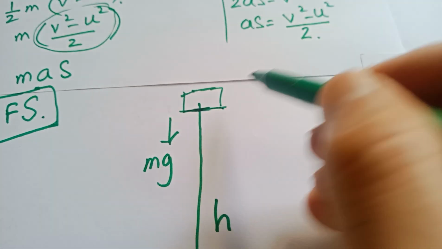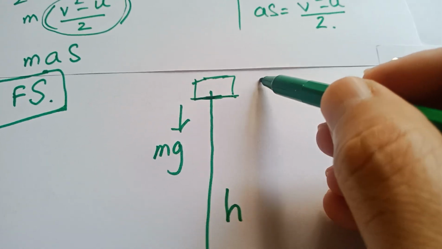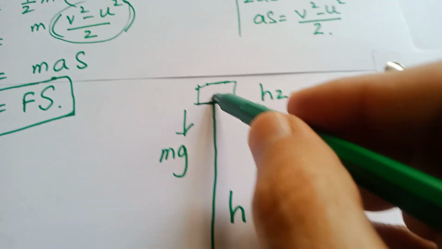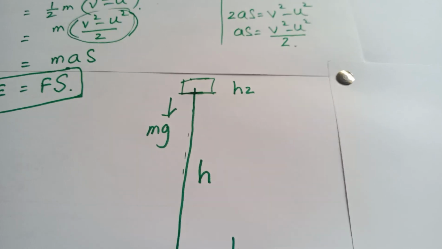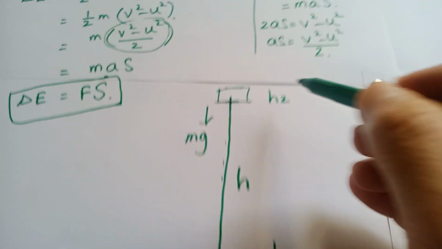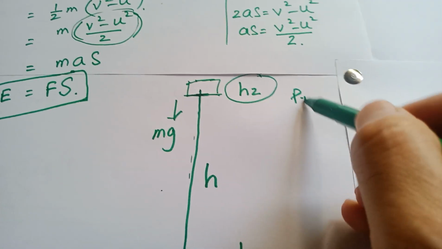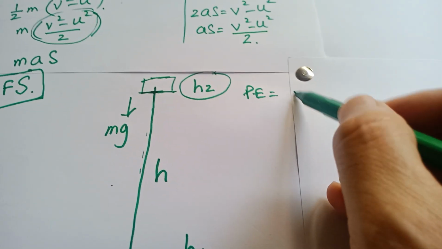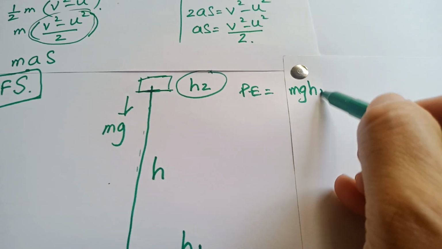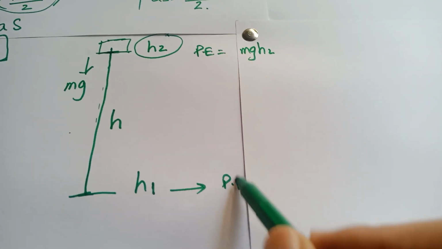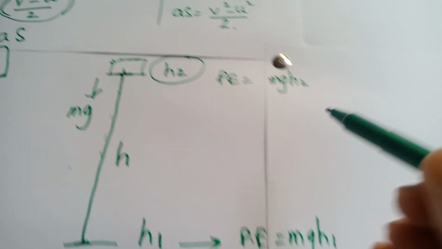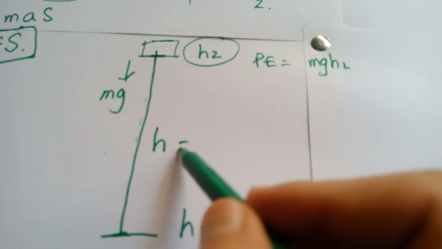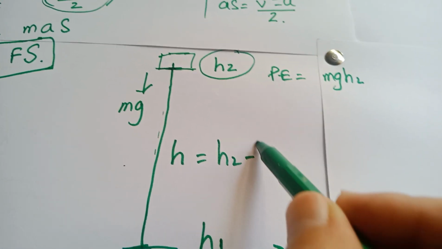When it is at this level, suppose it has the height h2, and when it drops to this level here, the height is h1. So at this level the potential energy is going to be mgh2, and at this level the potential energy is going to be mgh1. So this h2 minus h1 is going to be your height.